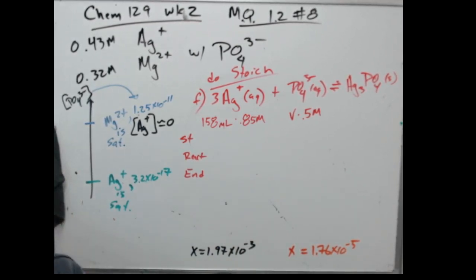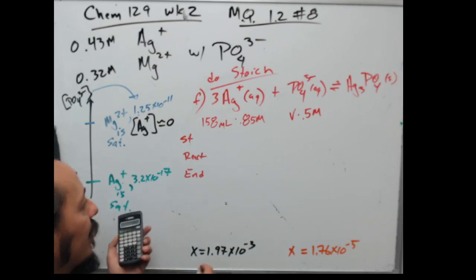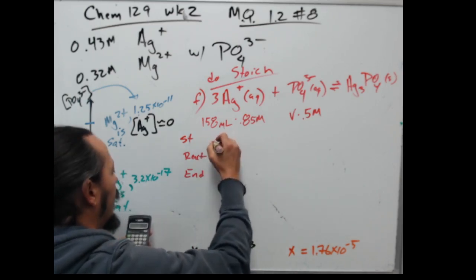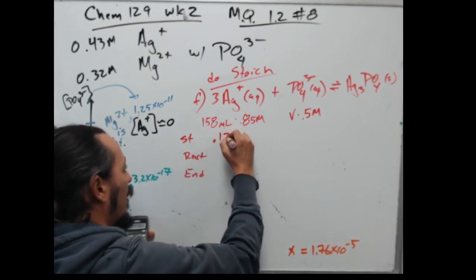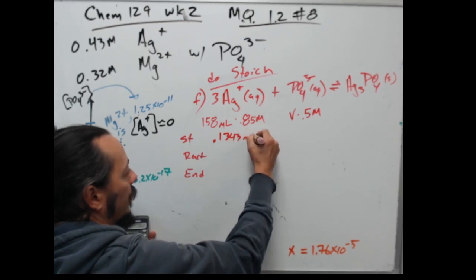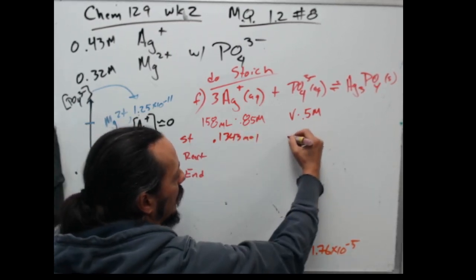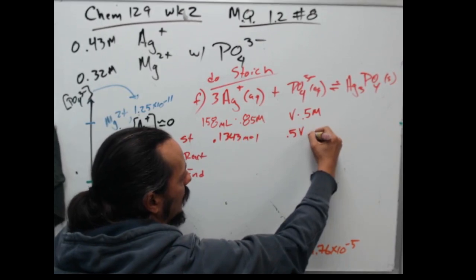I'm going to leave it in millimoles, which is going to drive you all crazy, but I love millimoles, and in a few weeks you will as well, I'm willing to bet. Actually I will convert this. This is going to be 0.1343 moles, and this is going to be 0.5 V moles.